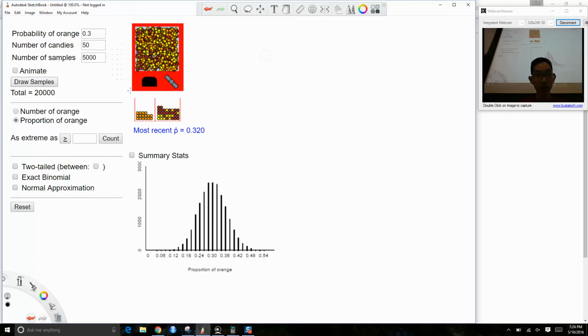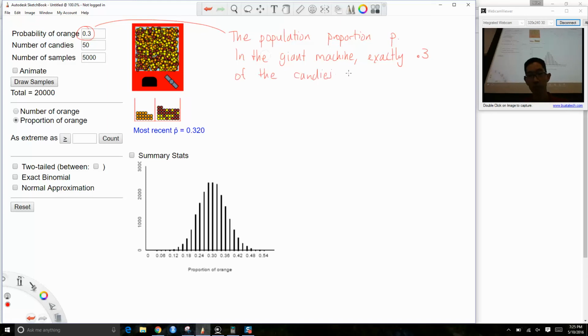So right here, let me just draw this. This is the population proportion P. This means in the giant machine, and then this is the sampling distribution.